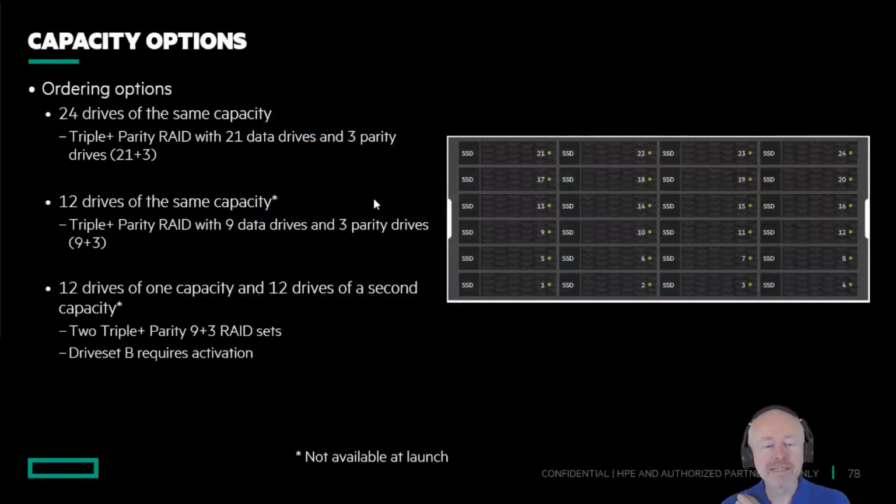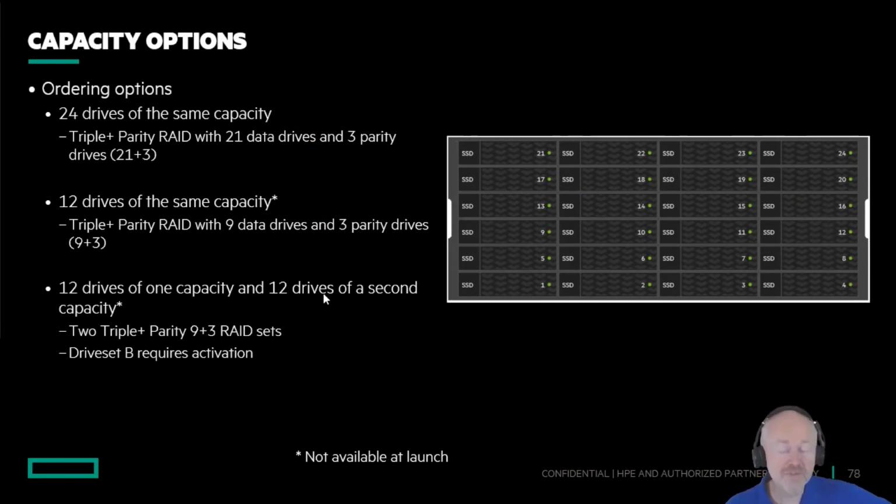On the capacity side, just like with the main Electra device, we have 24 slots in here for 24 SSDs or NVMe drives. You can start with 12. Those 12 drives need to be the same capacity. And just like with Nimble, we have triple parity plus, with 9 data drives and 3 parity drives. Afterwards, you can add an additional 12 drives.